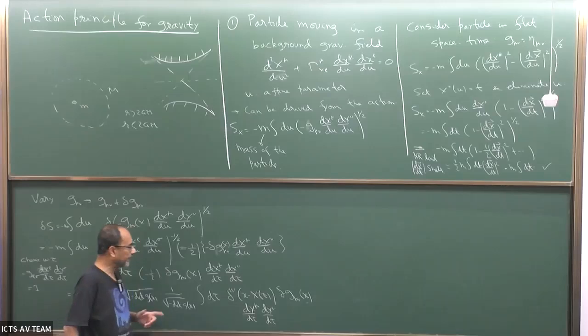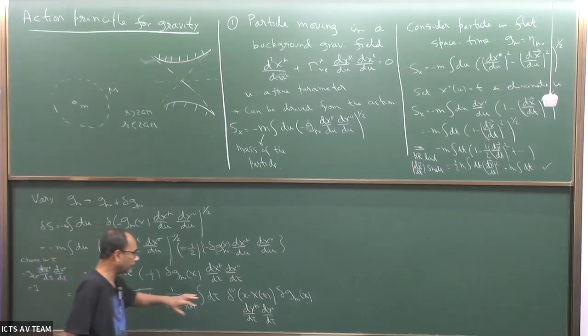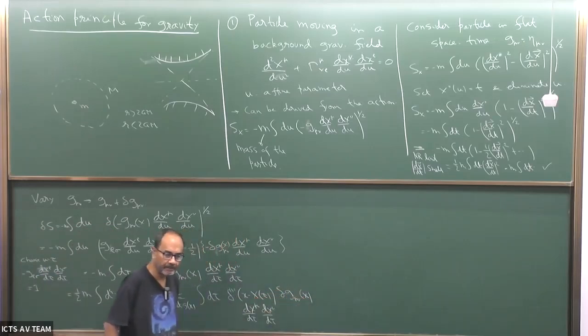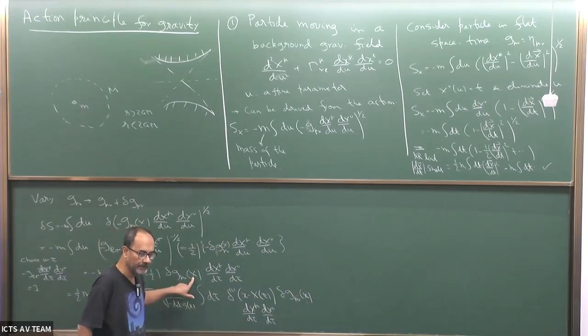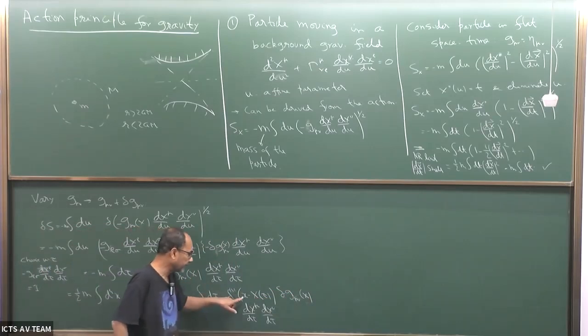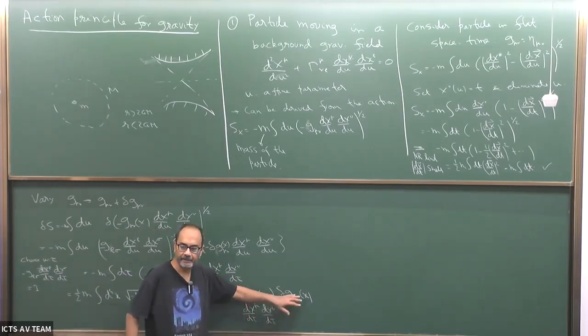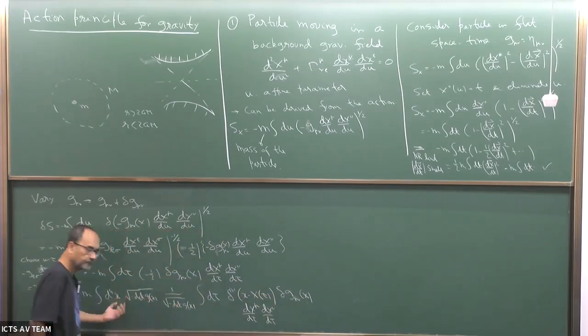The only thing that we have gained by this process is that the argument of delta g mu nu has become an independent variable, small x. It's not tied to this capital X, which is a particle trajectory. Of course, the delta function sets small x equal to capital X, but written in this way, the argument of delta g mu nu is just this variable small x that you are integrating over.